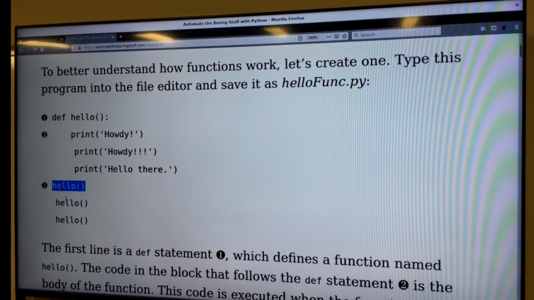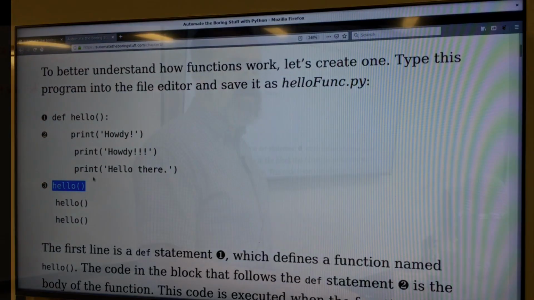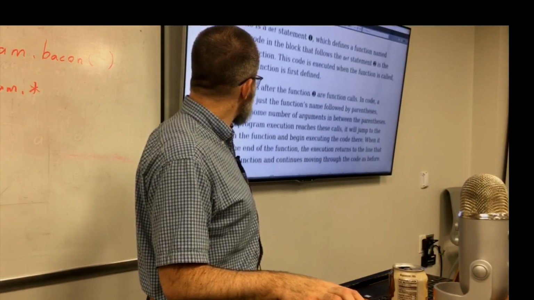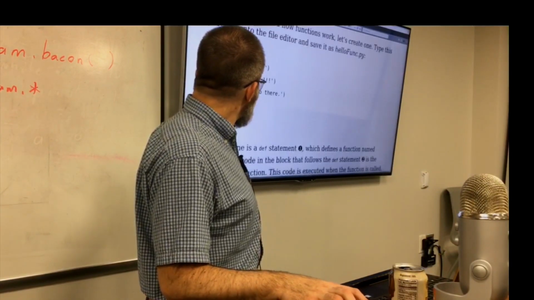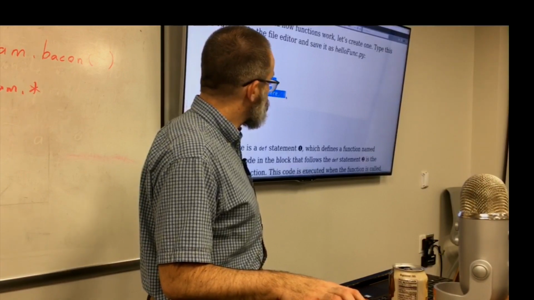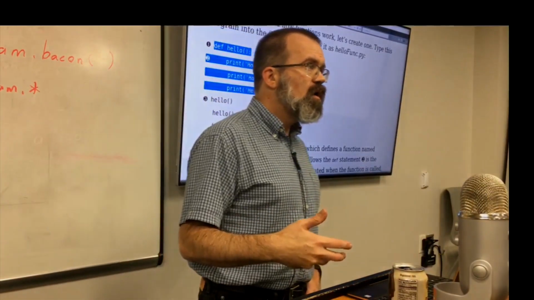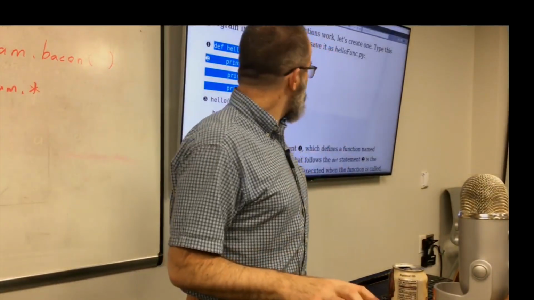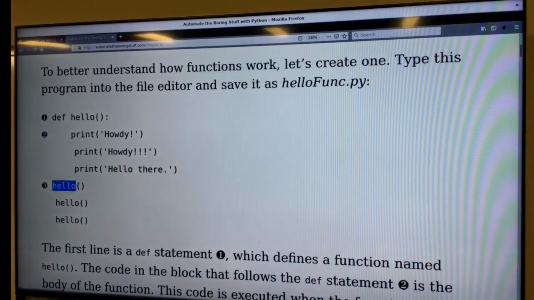And when the function gets used again, it will print these 3 items again. The main point of a function is you have defined some sort of block that you can now reference as a name. And so you've built your own hello name that you can use.